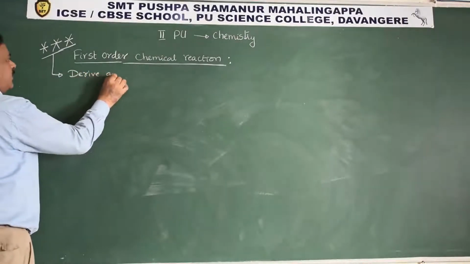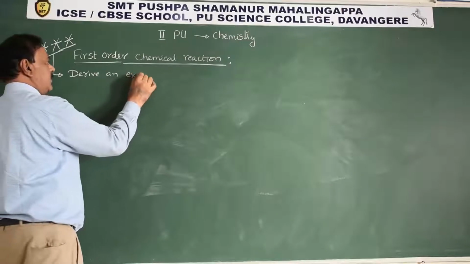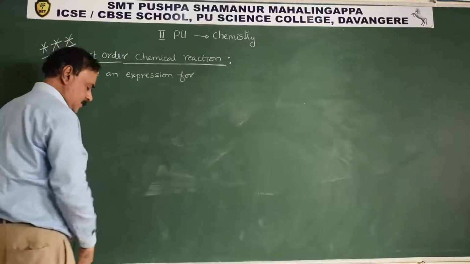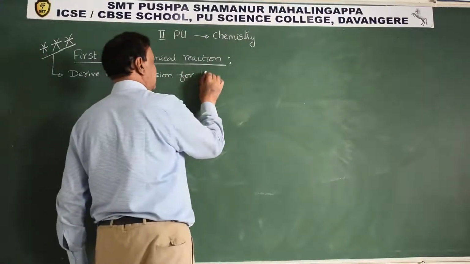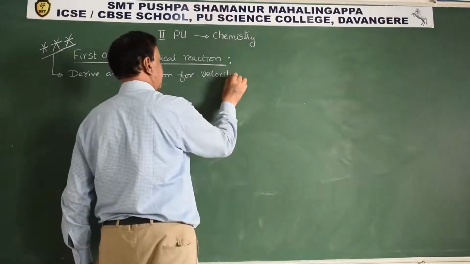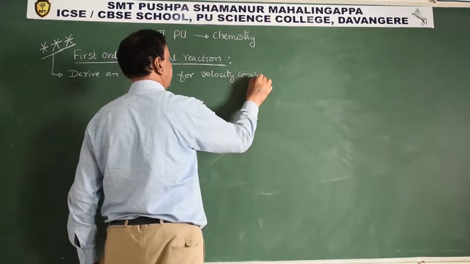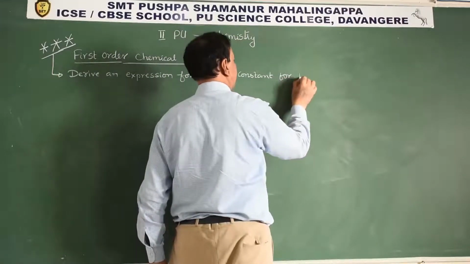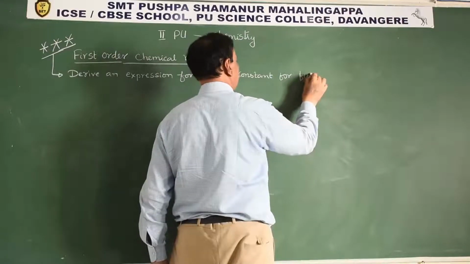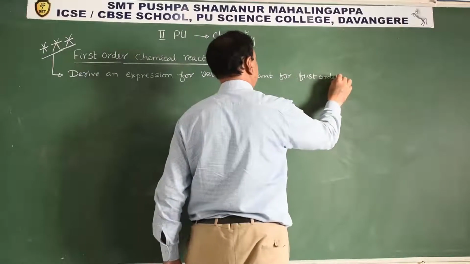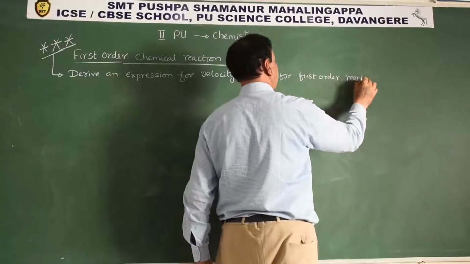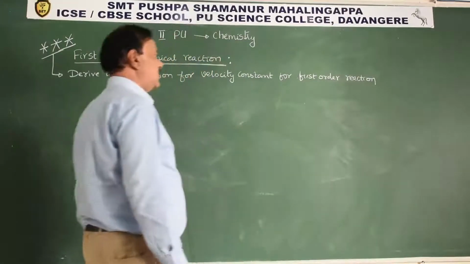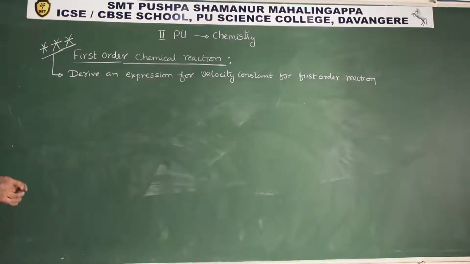Derive an expression for the velocity constant of a first order chemical reaction.